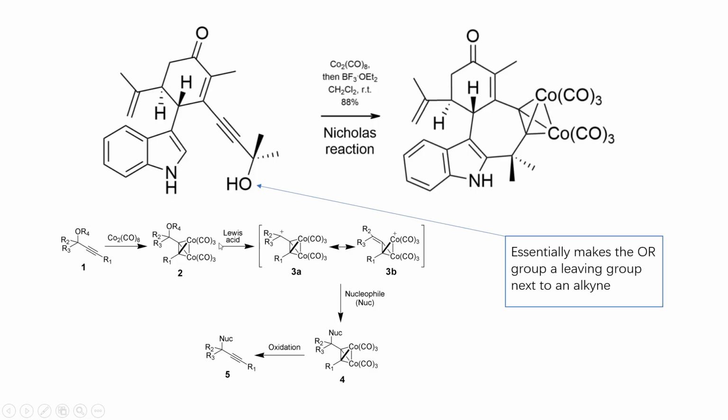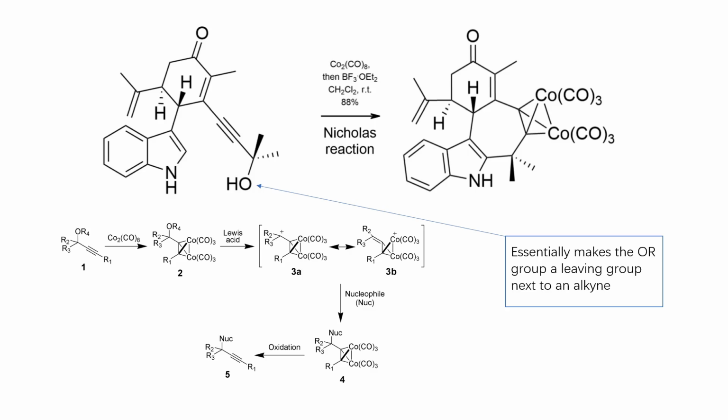And another thing to notice is that the CO on the cobalt is going to utilize this Lewis acid as well, because if you think about the orbitals, this particular complex is actually super stable, because you have the pi back effect, a sigma donor and pi acceptor of the CO ligand. So this one is going to be super stable. You have to use something to make it reactive. So what we use here is a Lewis acid.